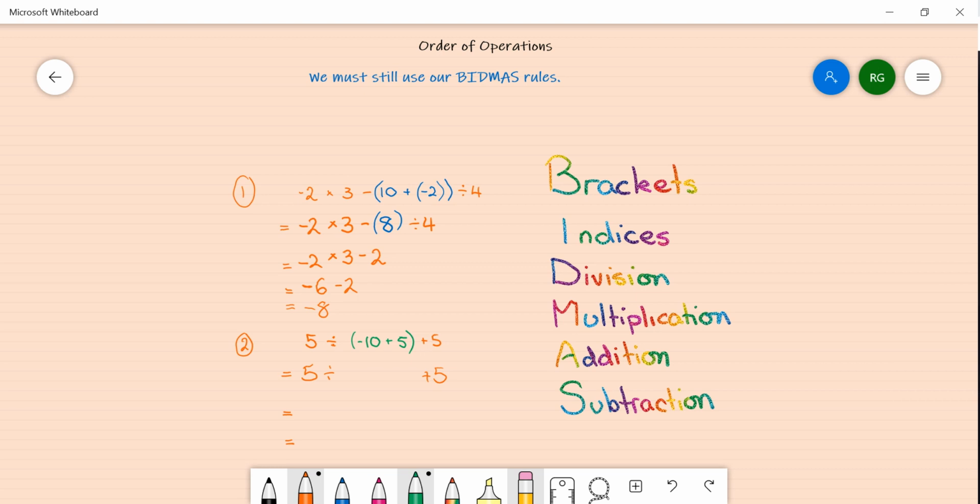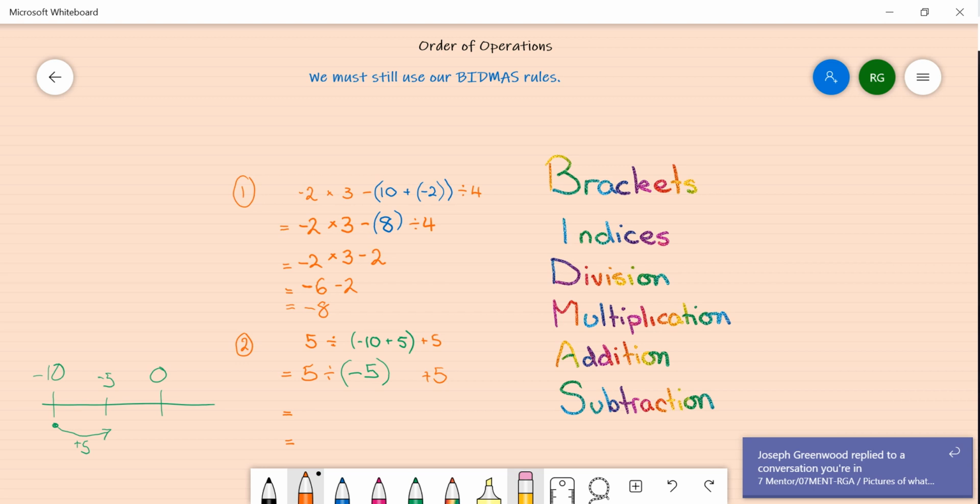We can draw it on a number line if we like. If that's 0, that's -10. If we're at -10 and we add 5, we're moving this way. So we're plussing 5. We end up at -5. So it's 5 divided by -5. Sometimes we put it in brackets.